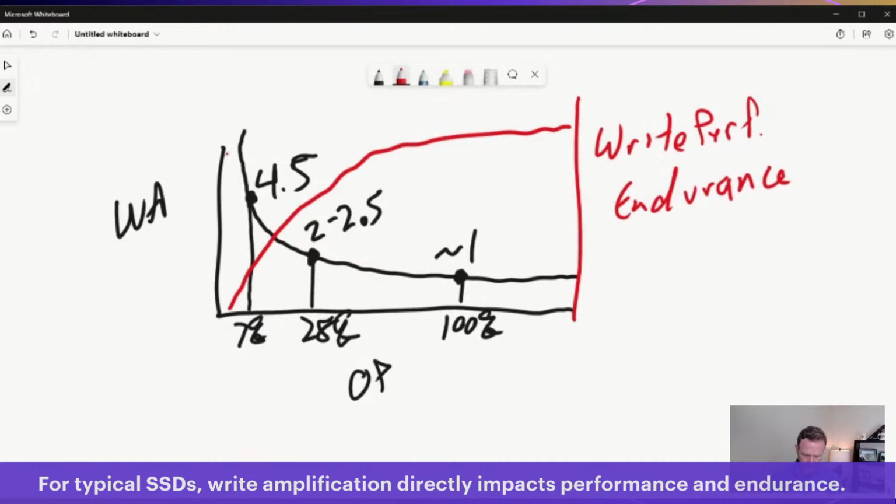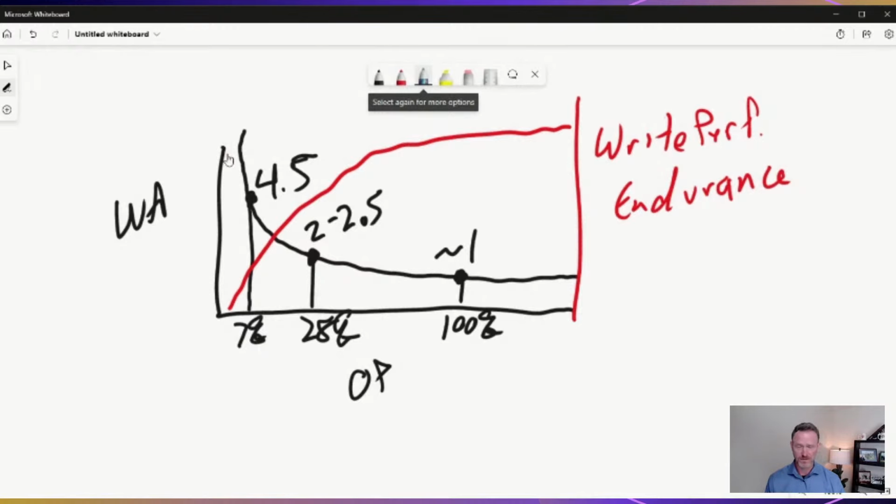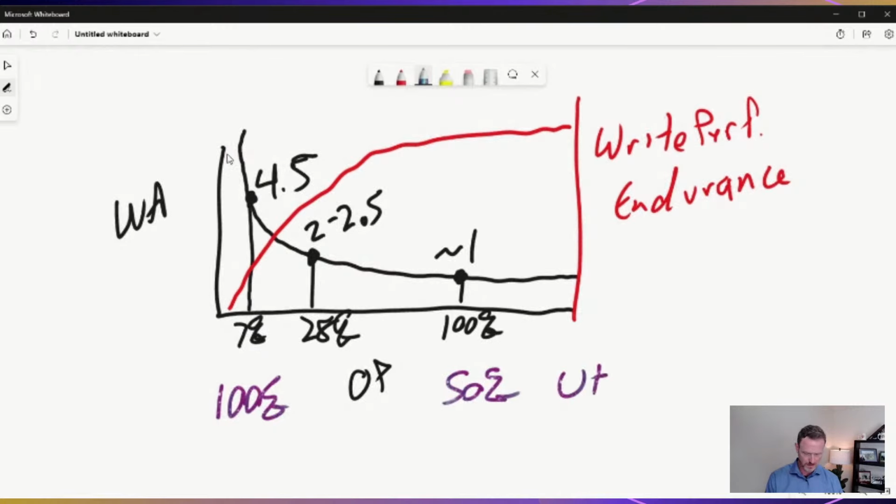Now, what is the relationship in terms of utilization rate? Well, on the y-axis, we can look at this if we flip what's low and what's high, and we think about utilization rate of the physical capacity. When you're at about 50% utilization, that's when you're at 100% OP.